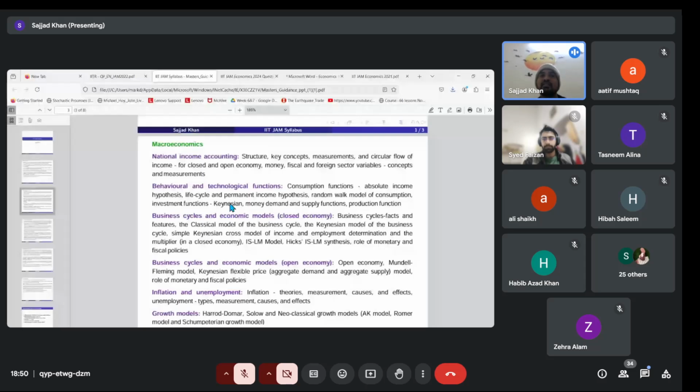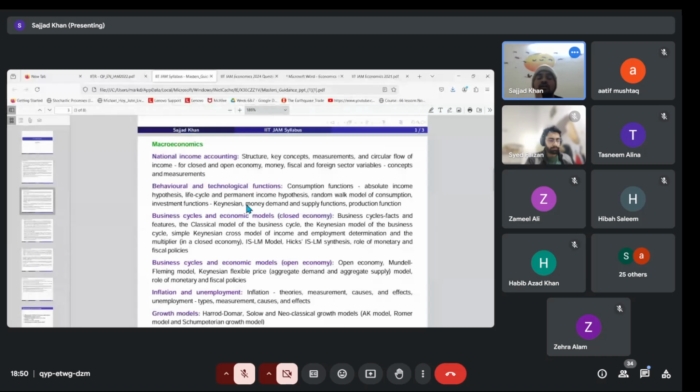If you compare the classical and the Keynesian, one question was asked in 2021 where all the properties were from the Keynesian side and one property was from the classical side. They asked which property is not from the Keynesian side.